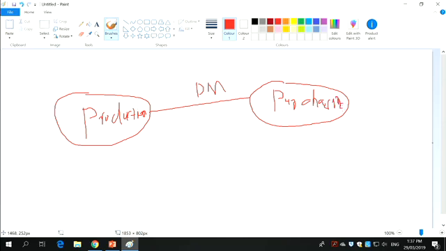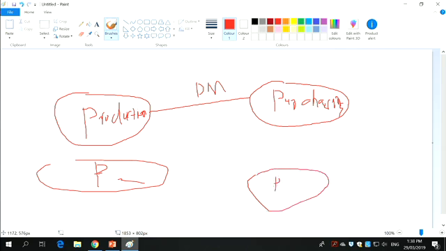Generally, the purchasing department is given the authority to purchase all the materials needed for different departments. In this example, there's just one production department, but in reality, there can be production department 2 and production department 3, right?